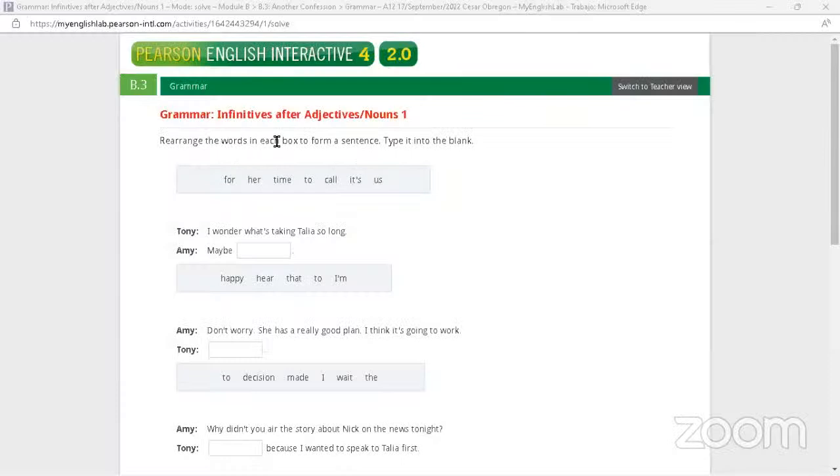Rearrange the words in the box to form a sentence. Type it into the blank.